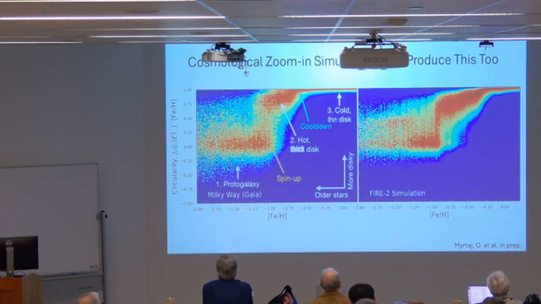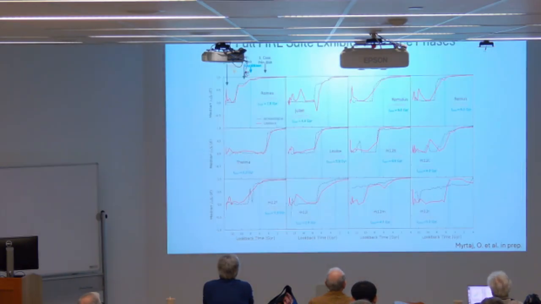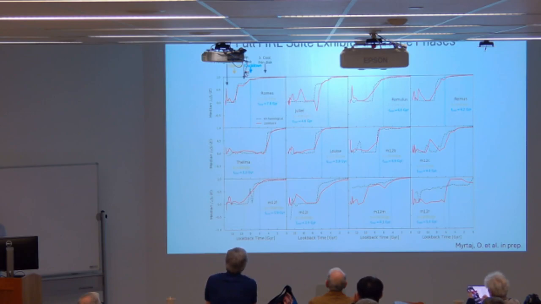This FIRE-2 simulated Milky Way mass galaxy run in a fully cosmological simulation also exhibits these 3 kinematic phases marked by transitions of spin up and cool. And it turns out that these 3 phases of protogalaxy, thick disk, and thin disk are ubiquitous in our FIRE-2 simulation suite of 12 Milky Way mass halos, with all galaxies showing the same dramatic phase transitions of spin up and cool.